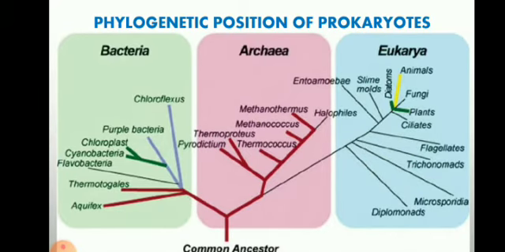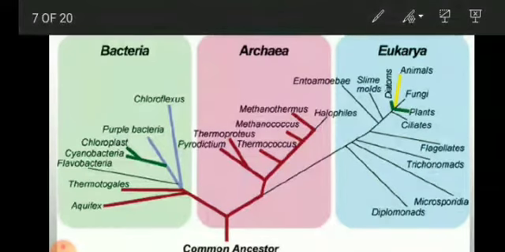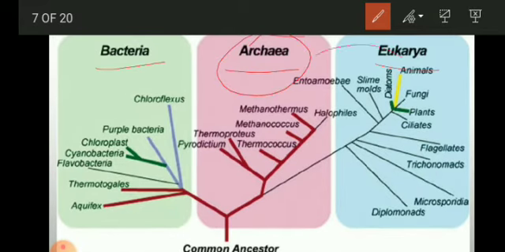So, here we can see in the diagram there are three domains: bacteria, archaea, and eukarya. Archaea is the link between eukarya and bacteria. Here we can see the common ancestor, also called LUCA, which means last universal common ancestor.